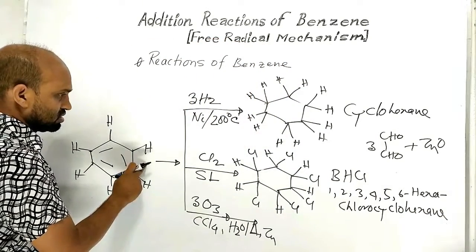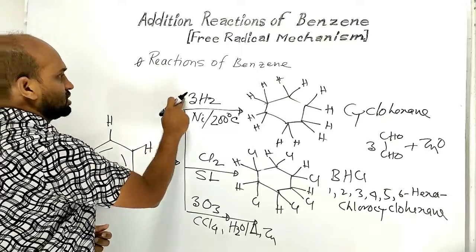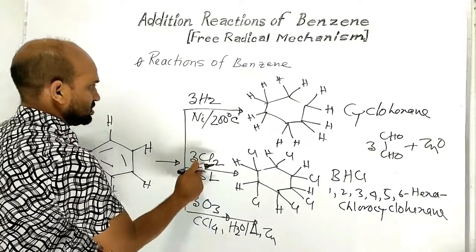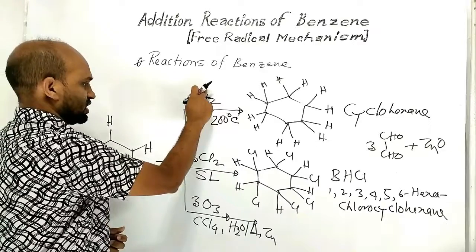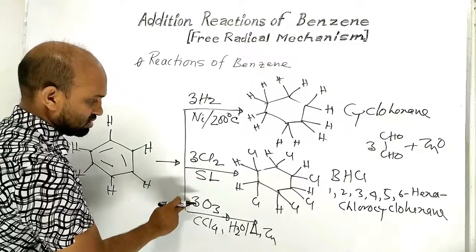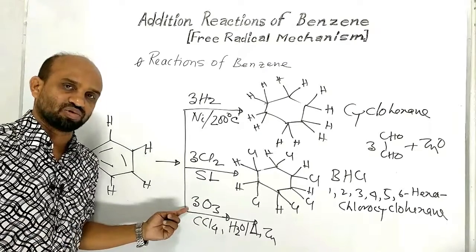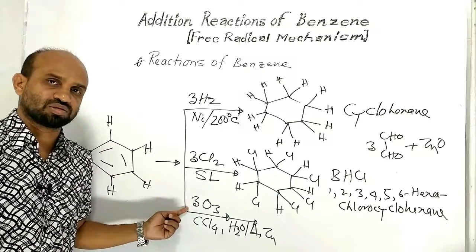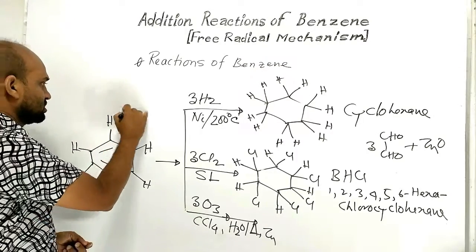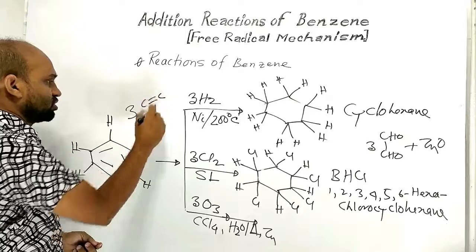All the reactions involve 3 molecules of reactants, that is 3 molecules of hydrogen, 3 molecules of chlorine and 3 molecules of ozone. These reactions prove that benzene molecule has 3 carbon-carbon double bonds.